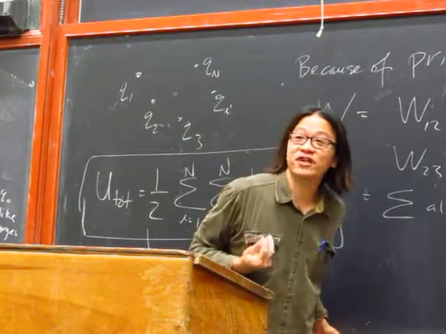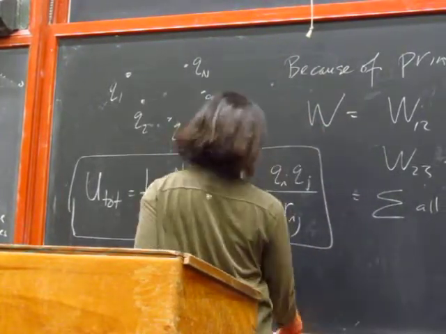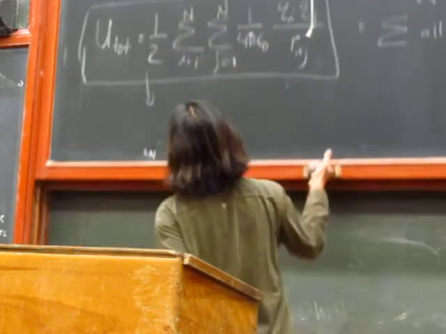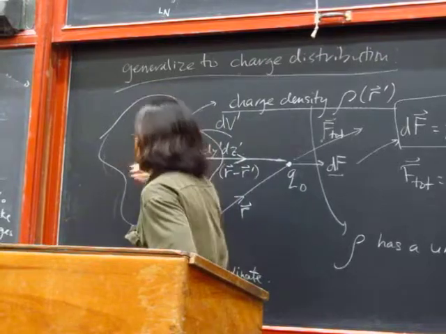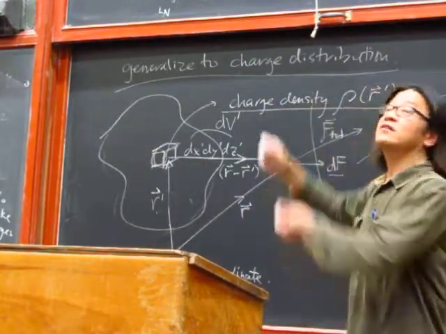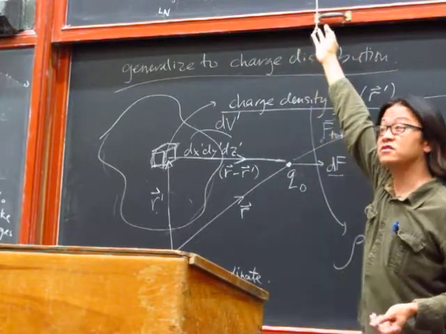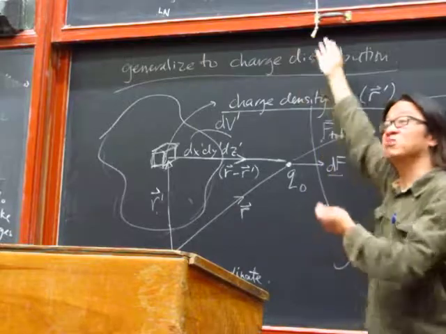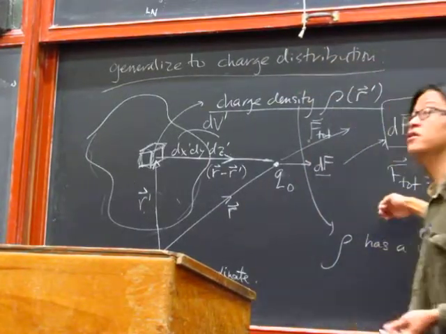How about if we have a charge distribution? How much energy does it cost to assemble this distribution? Same kind of idea. You just take that expression for discrete charges and make an analogy to a continuous distribution.